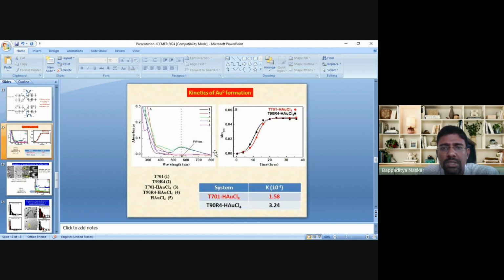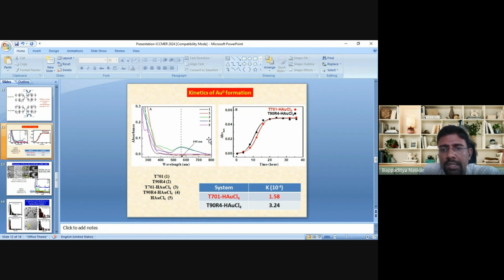After that, we also studied the kinetics of Au0 formation, that is, nanoparticle formation. Around 560 nanometer, we saw the plasmon resonance peak, and this peak is monitored with increasing time. We found this type of graph, and from there we obtained the associated constant, which is 1.58 for the T701 system, and for the T90R4 system it is almost double.